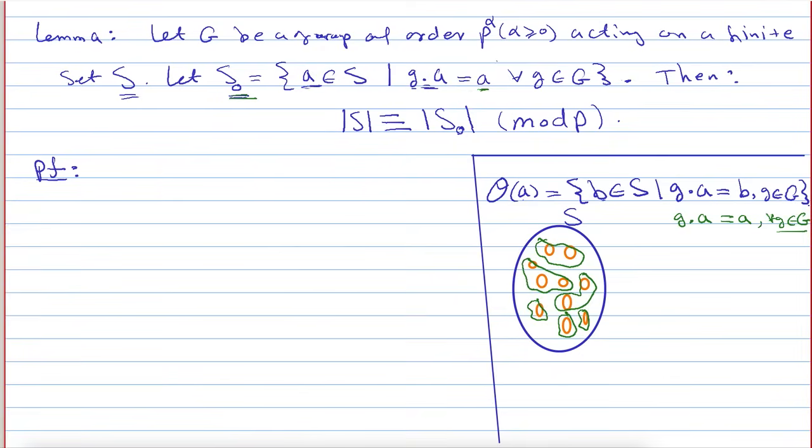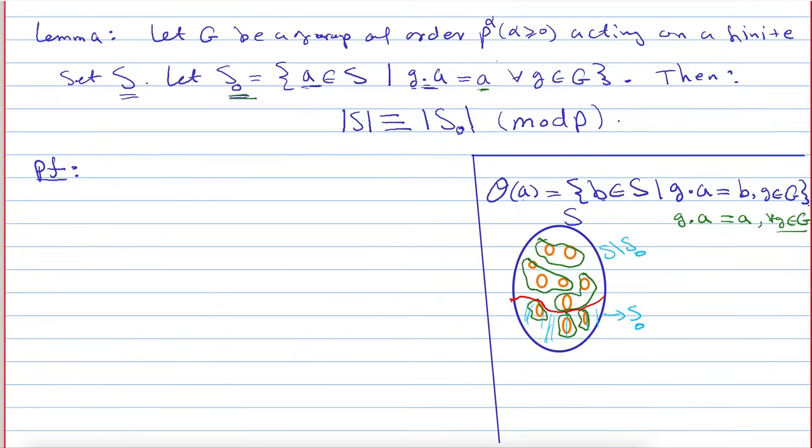So in fact, we can divide the set S into two big subsets: one containing the orbits which have more than one element, and the second containing orbits which have only a single element. Here we have single elements, and this is S naught. And this is S minus S naught.